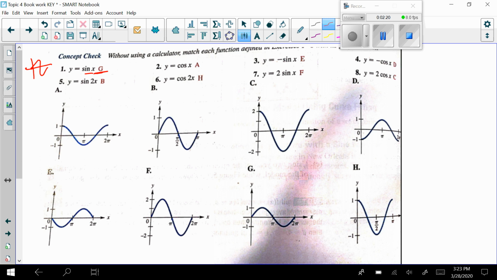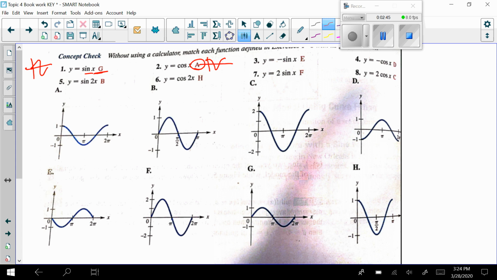Cosine x, I just talked about on the first page. That is going to start at its maximum, come down to the minimum. Again, the cycle is 2 pi. So where's that guy? That guy is, oh, right here, A. I keep forgetting the answers are already there. A. I was doing it without the answers.